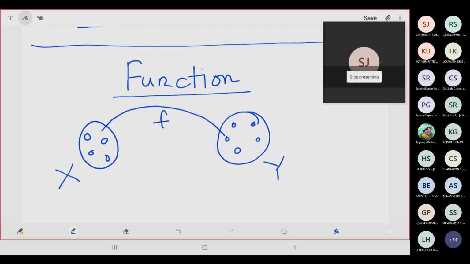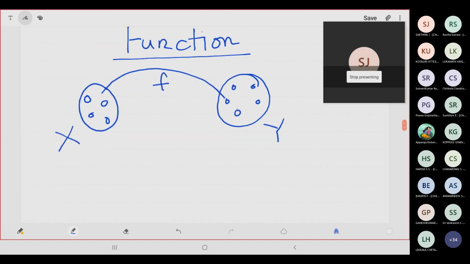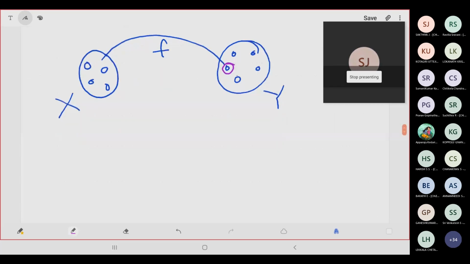So a function f from the set X to the set Y is nothing but a rule. The function from the set X to the set Y is a rule that assigns a unique value in the set Y. So suppose that this is the unique value. Now write here the definition of function.